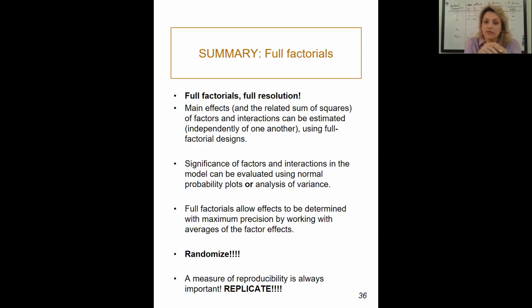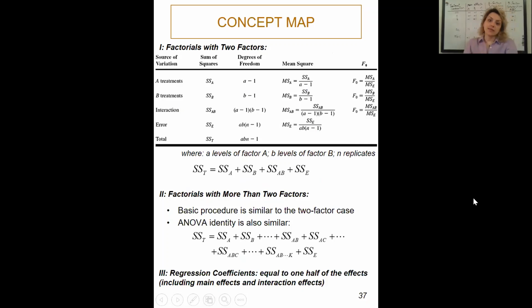Full factorials allow effects to be determined with maximum precision by working with the average of the factor effects. Make sure that we randomize. A measure of reproducibility is always important, so we would need to replicate.